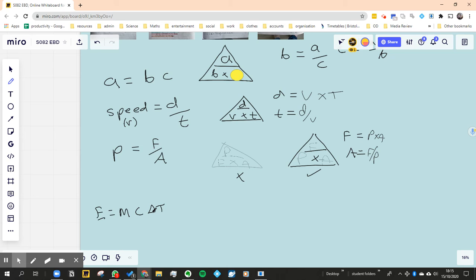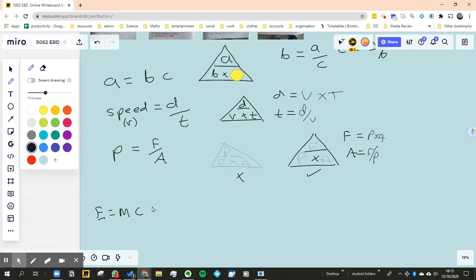Even more confusingly, delta T looks like 4 things are being multiplied here, but basically delta T is one thing. It stands for change in temperature.